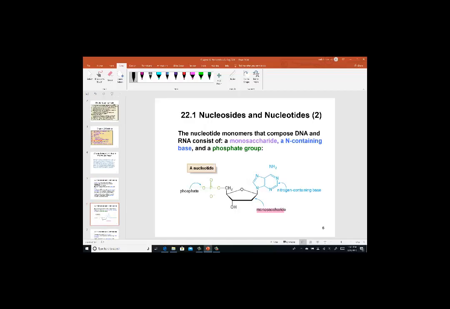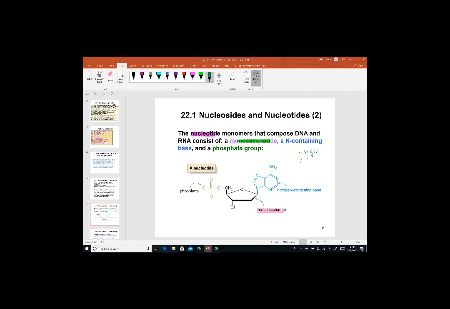So as we explore nucleosides and nucleotides, a nucleotide consists of 3 components, 3 parts. We must have a monosaccharide, so that's number 1. We must have a sugar, a monosaccharide, or I'll just abbreviate that as a sugar.